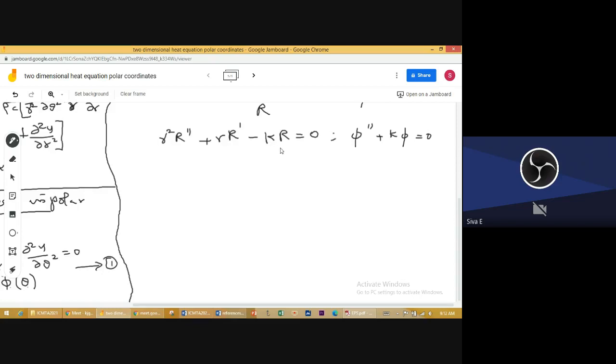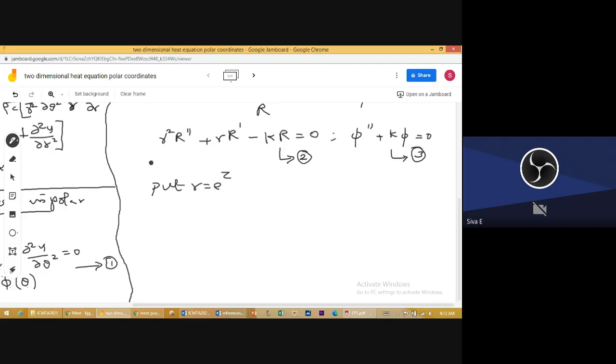It is equation number 2. Put r equal to e power z, because it is in terms of polar coordinates.